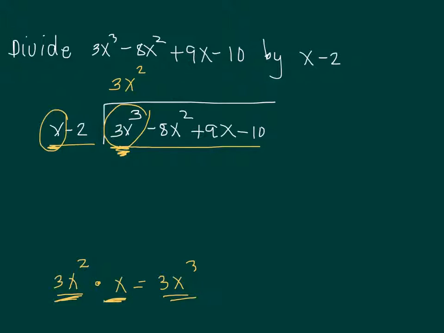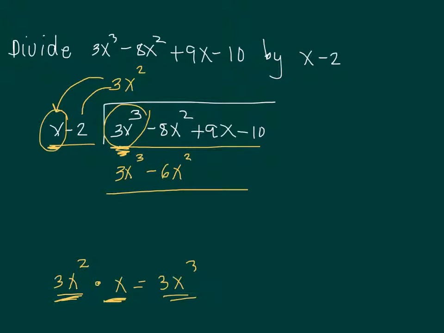And then the process will go like this. So 3x squared multiplied to x, you get 3x cubed and you write it here. And then at the same time, take note, you are multiplying this to x minus 2, so I have to multiply the 3x squared to the minus 2, and this will give me negative 6x squared. Okay?